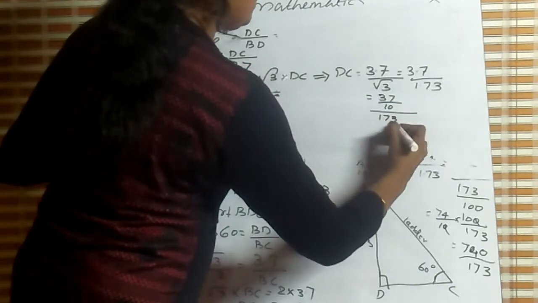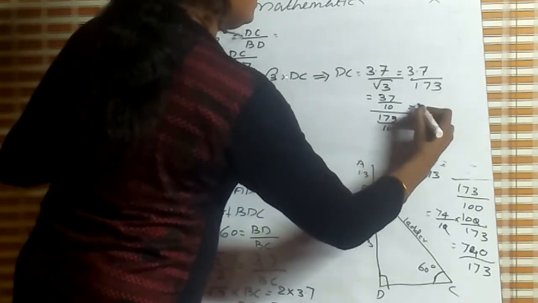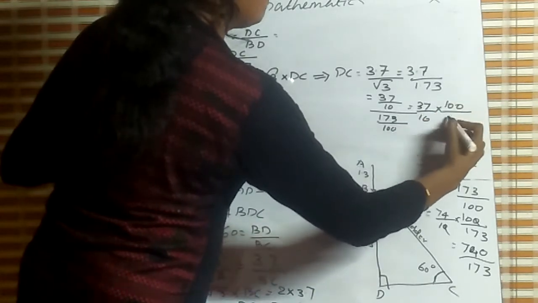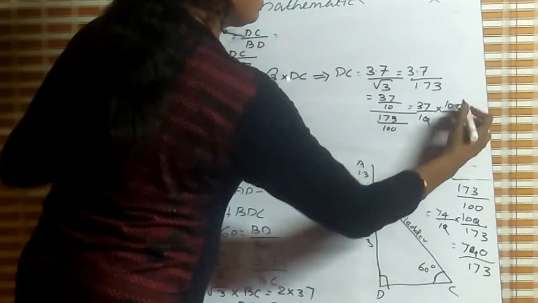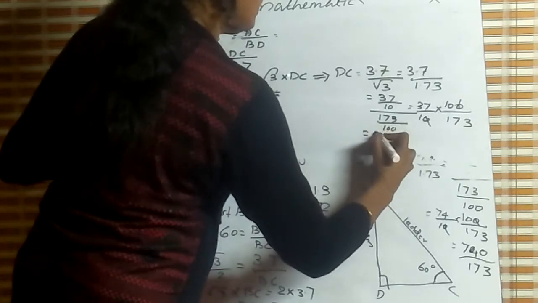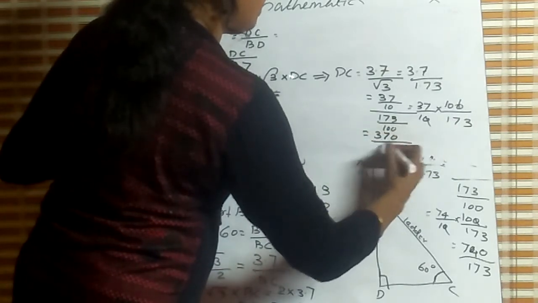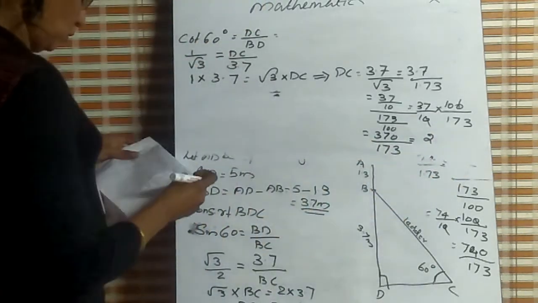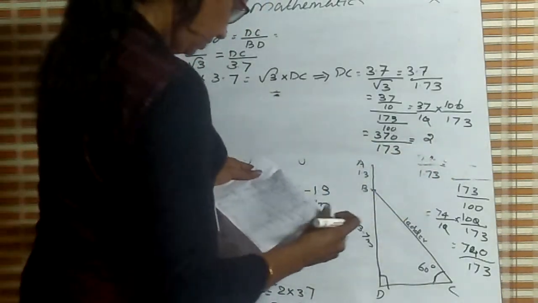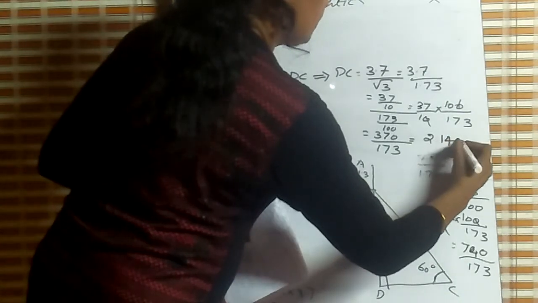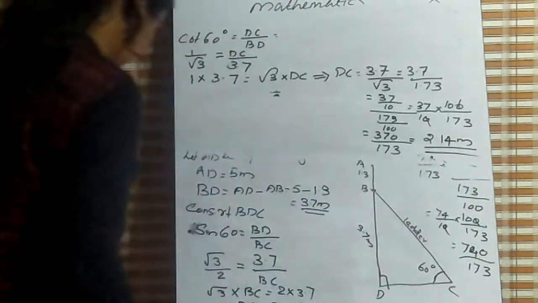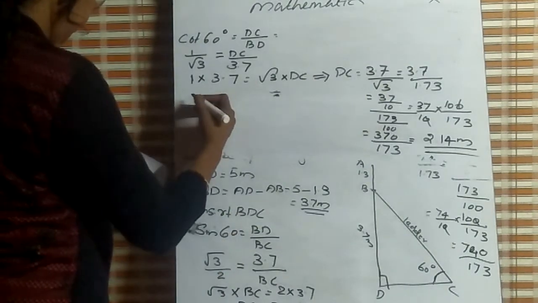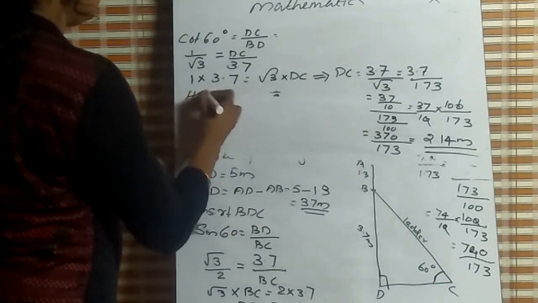Division 173 by 100 is equal to 37 by 10 into 100 by 173. 0 cancelled, equals 370 divided by 173, which is equal to 2.14 meter. When we divide these two numbers, we get 2.14 meter.